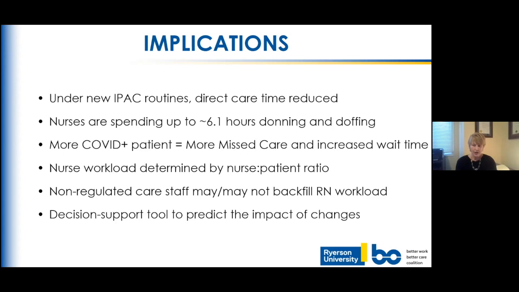And so are there other ways of thinking about staffing, where we could use unregulated care staff or other care providers to help with some of the indirect aspects of care, to assist nurses in ensuring that patients are getting all of the care that they need prior to leaving a hospital setting?